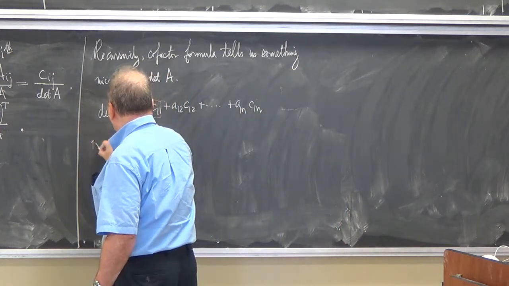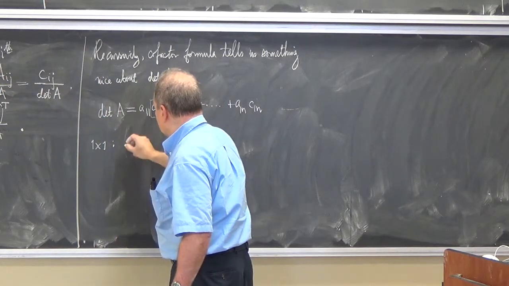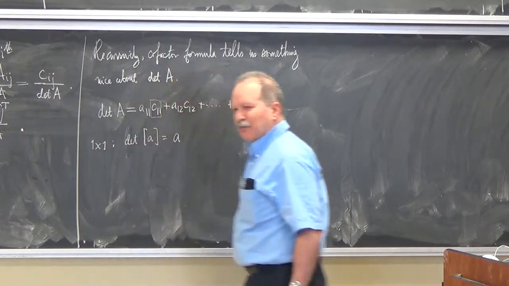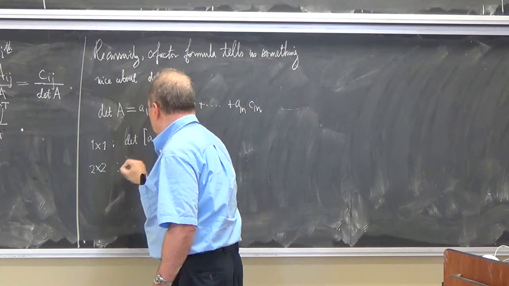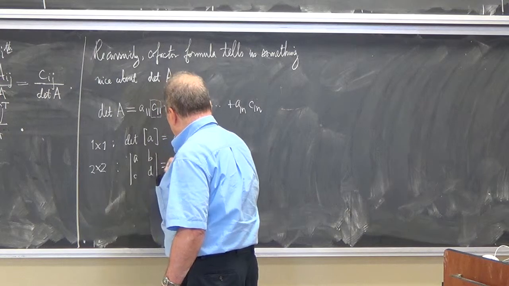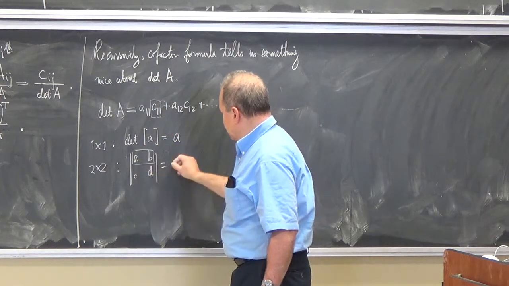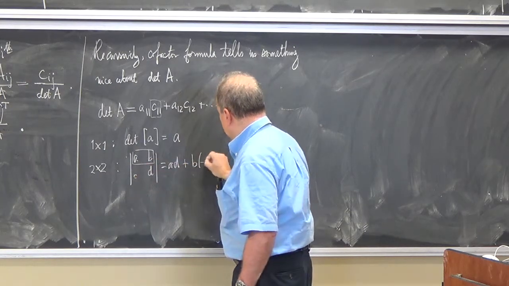So what do you see happens? Well, if you start with a 1x1, if you just take the determinant of a 1x1 matrix, of course it's just the number. And if you do a 2x2, you get, of course, what we're used to. If you take the first row, for example, you get A times its cofactor plus B times its cofactor.